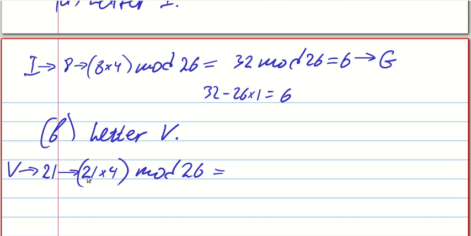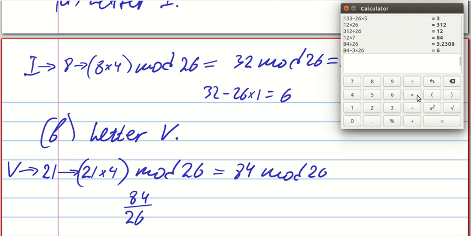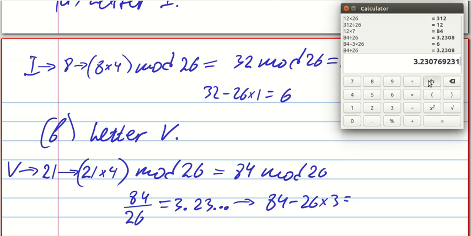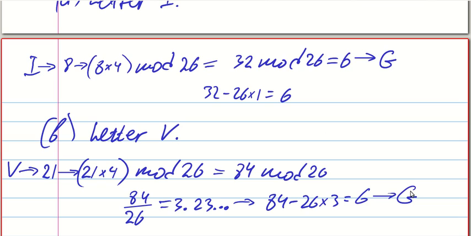We multiply it out, so it's 84 mod 26. So we take 84, we divide by 26, so we get 3.23..., which means that it's 84 minus 26 times 3. We get 6. So we get also G, because 6 is G.